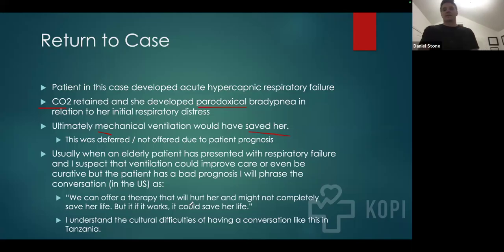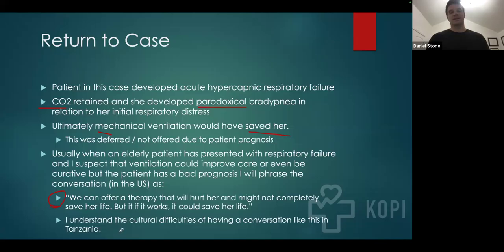In the United States, usually the conversation that I have with patients' families who have a bad prognosis is this line, which I don't necessarily know if it translates to Tanzanian culture or not: we can offer a therapy that might hurt or save her. And it might not completely save her life, but it will buy her time. And if it does work, then it could potentially be curative.